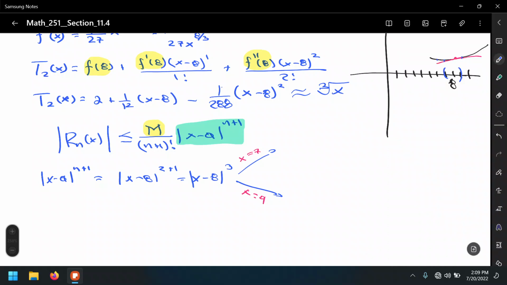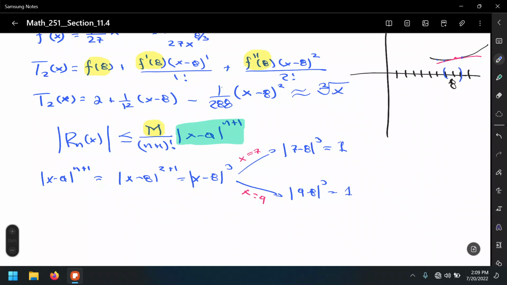So, the absolute value of 7 minus 8 cubed, and the absolute value of 9 minus 8 cubed. In both cases, it happens to be simply 1. So we just figured out the factor that we highlighted in green.